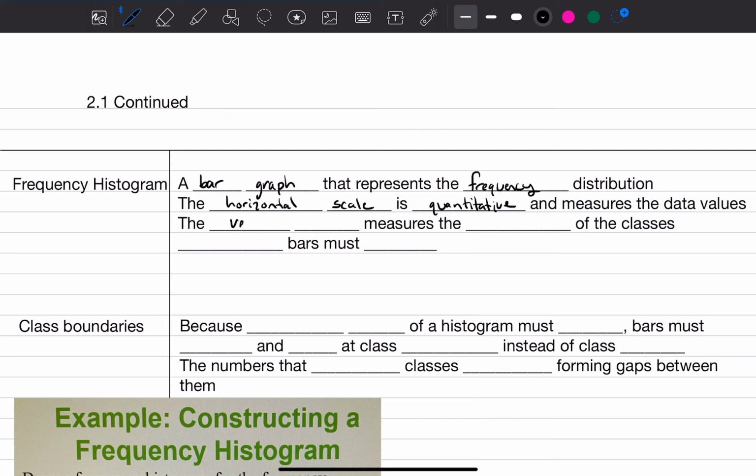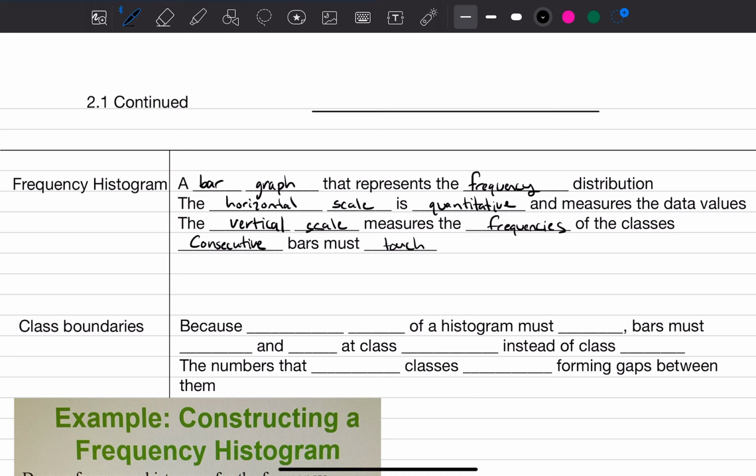The vertical scale measures the frequencies of the classes. Now, this is important when you make one of these. Consecutive bars must touch.